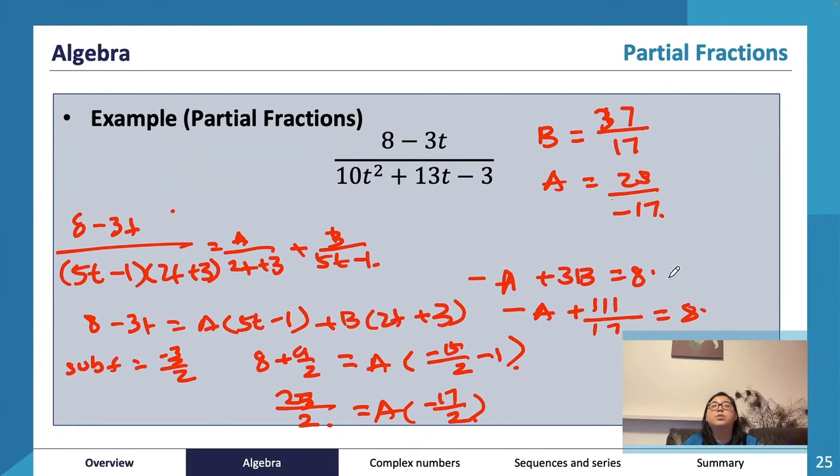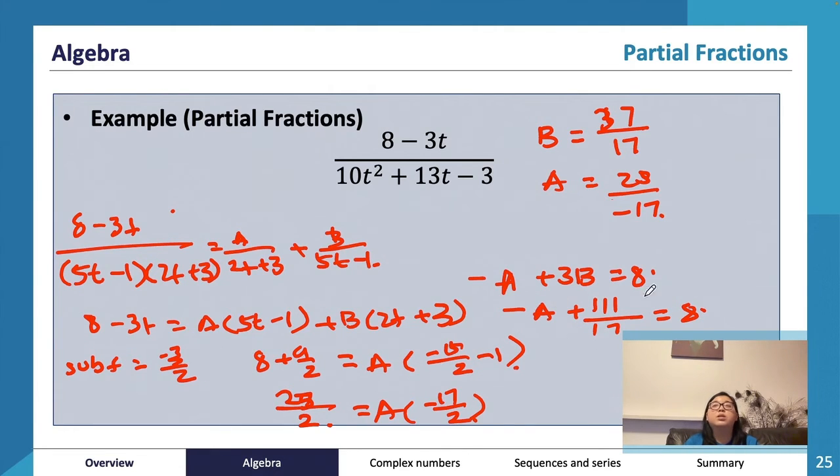So when we times 17 across, 8 times that is going to be 80, so 80 plus 56 is 136.